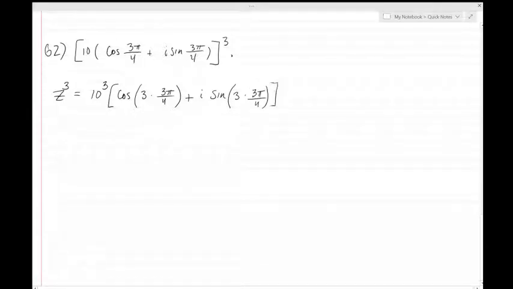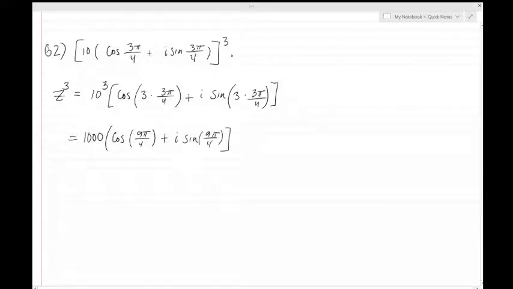So that is all inside of the parentheses. Next, we simplify. 10 to the power 3 is 1000. And then we have cosine of 9 pi over 4 plus i sine of 9 pi over 4.